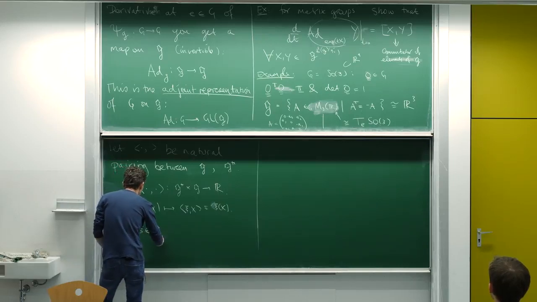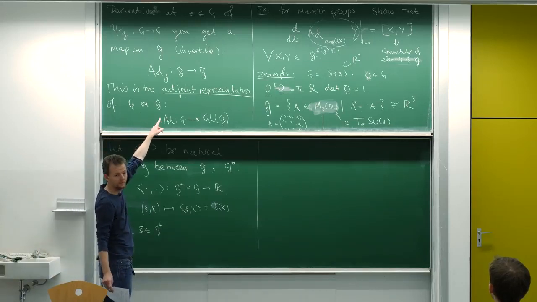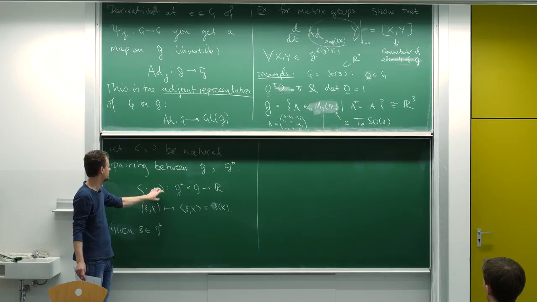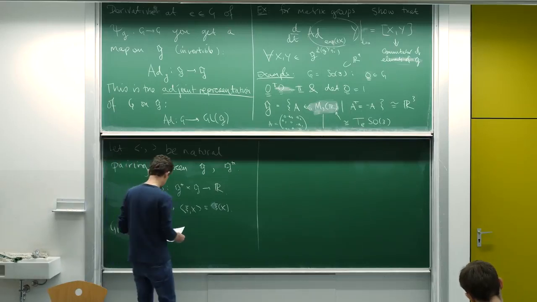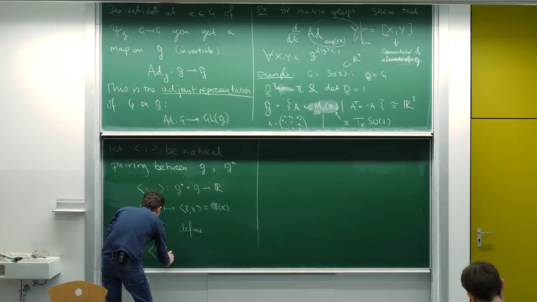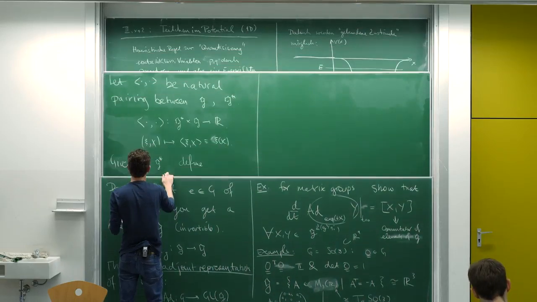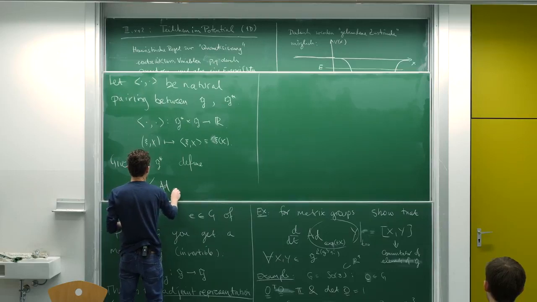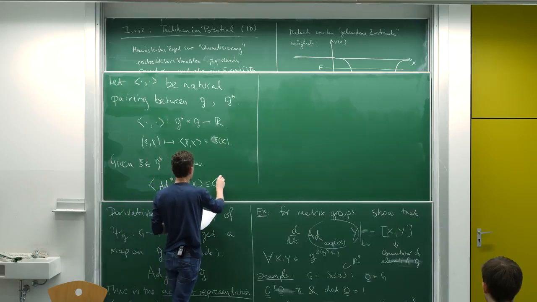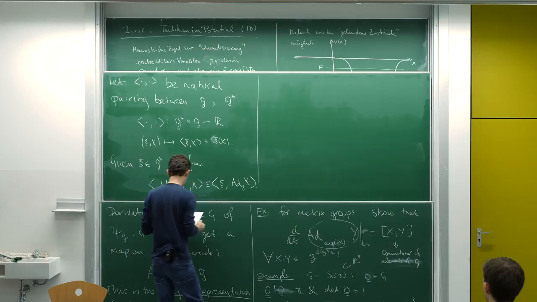So if we have ourselves something in the dual of the Lie algebra, and then we act on it by this adjoint map here, then we can also use this pairing here to have an equivalent action on the dual. Oops, inverse.